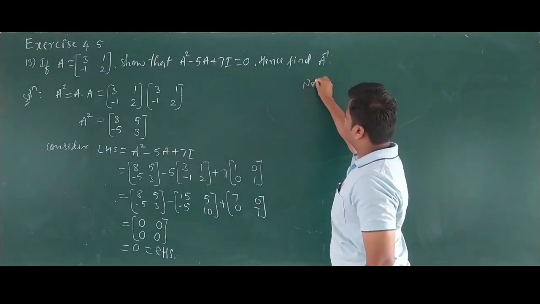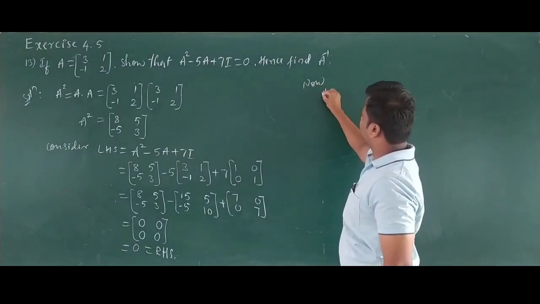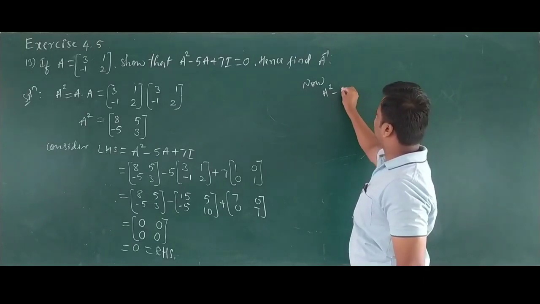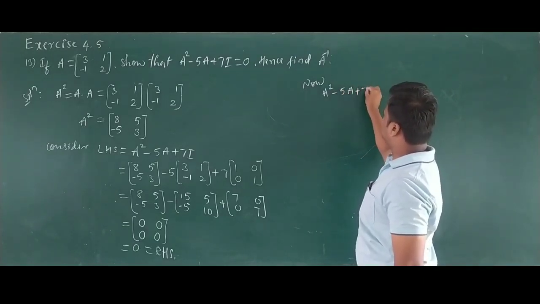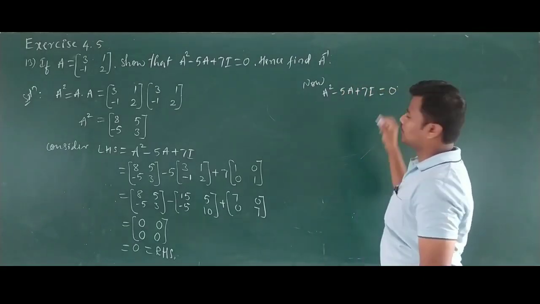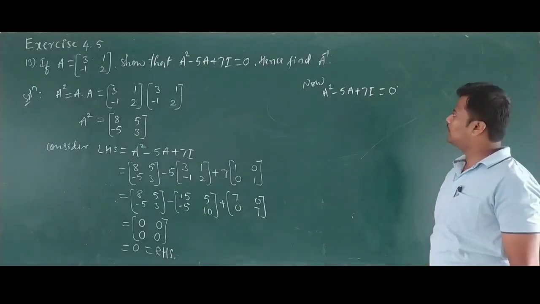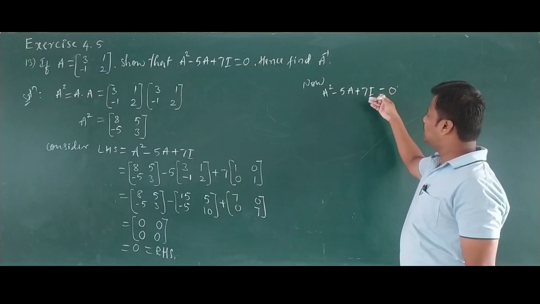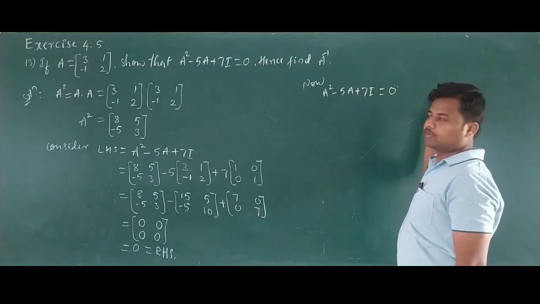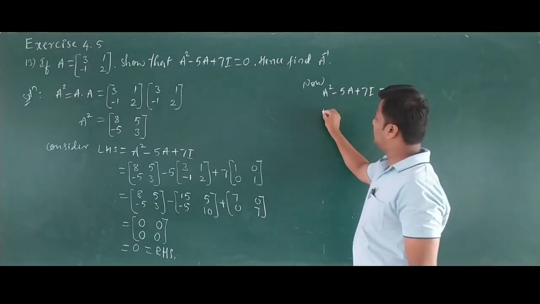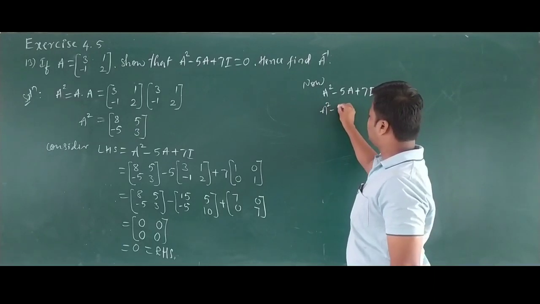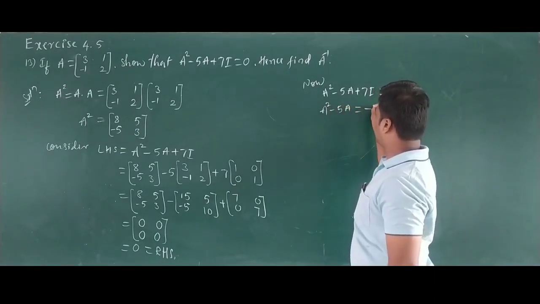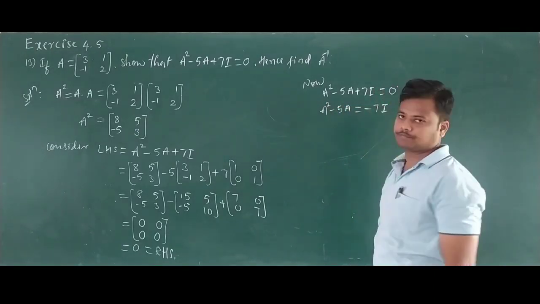Now, A square minus 5A plus 7I equals 0. In this type of question, to find A inverse, we get the identity term and transfer it. A square minus 5A equals minus 7I.